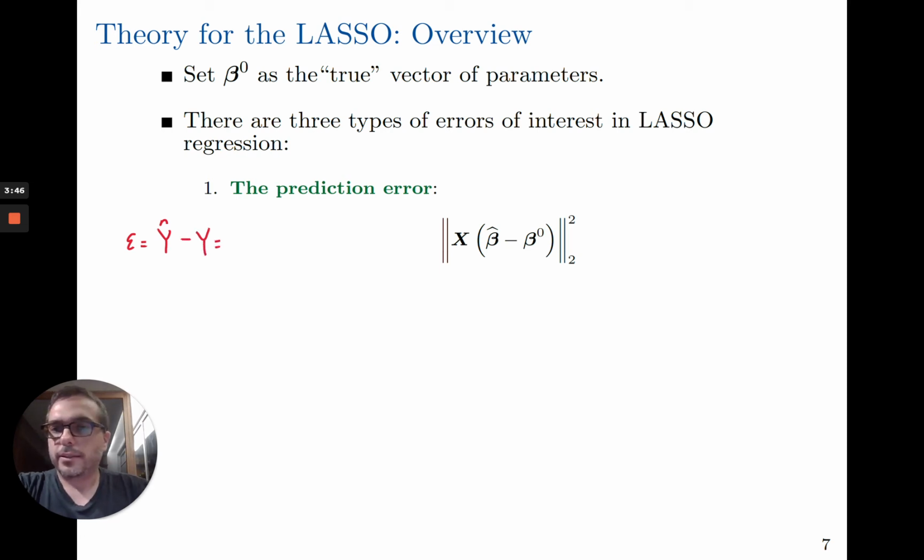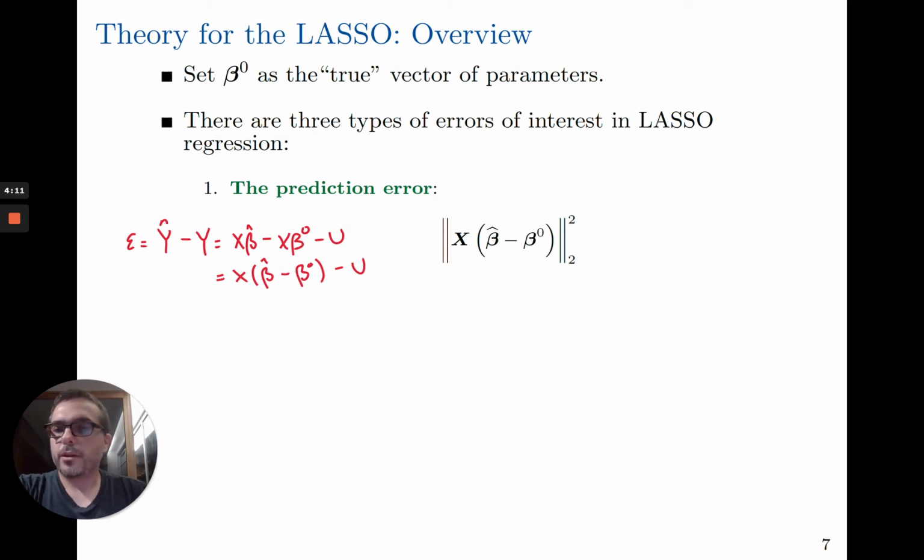What's that? This is x beta hat minus x beta naught minus u, right? So this is equal to x(beta hat minus beta naught) minus u.